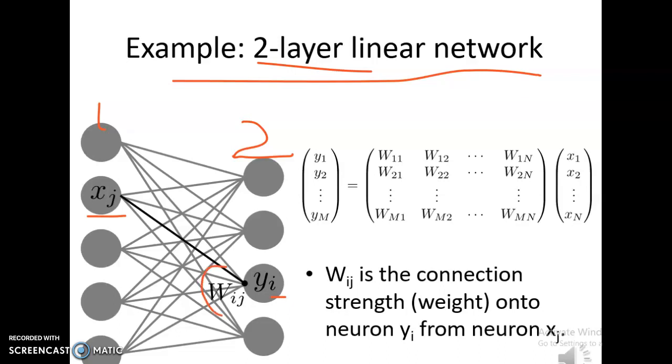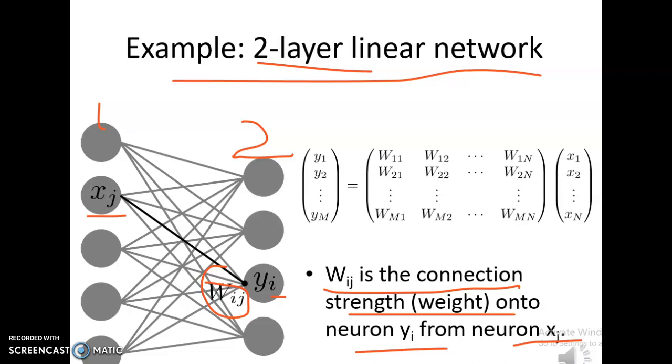W is the weightage. So yi equals the sum of xj times wij. Wij is the connection strength, that is the weight onto the neuron yi from neuron xj.